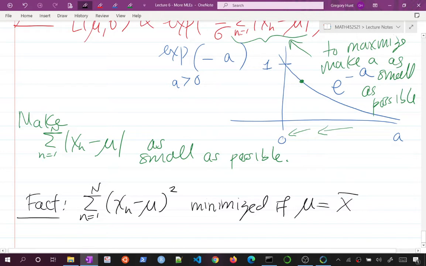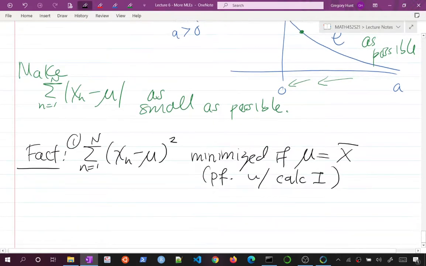That's actually something we've shown a million times. Anytime you do an MLE for a normal, you've shown that fact, basically. And you can prove this with calc 1. Take a derivative with respect to mu, set the derivative equal to 0. Turns out the minimizer is x bar.